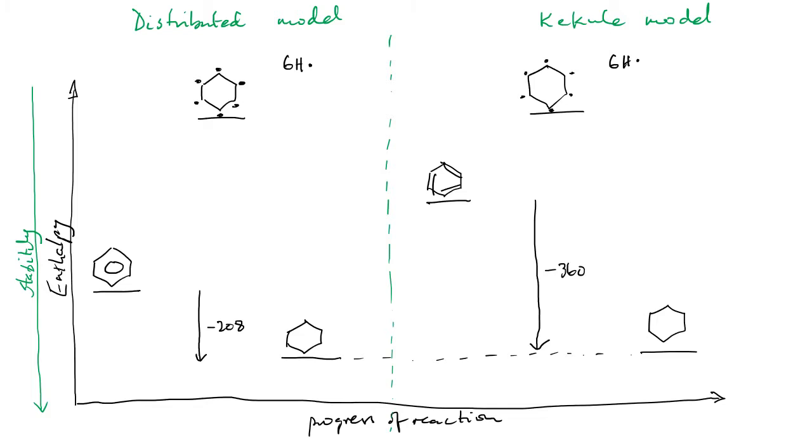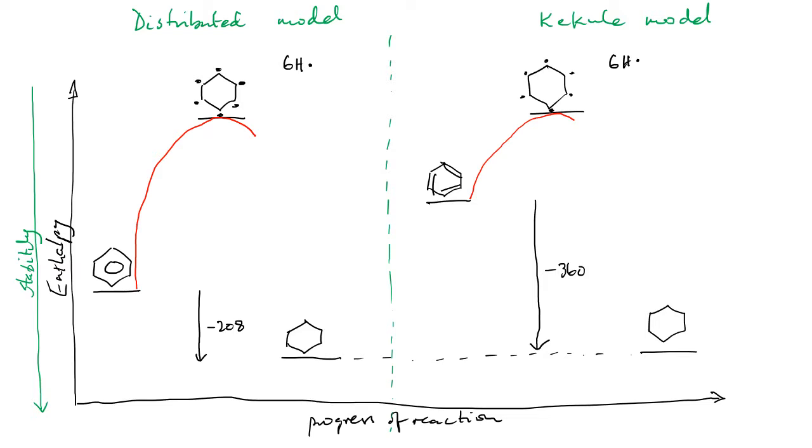So what we're saying is that, let's draw this in red, this endothermic process to break the bonds in benzene is more endothermic than the same process in our theoretical Kekulé model of benzene.